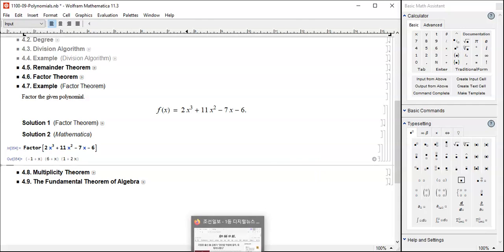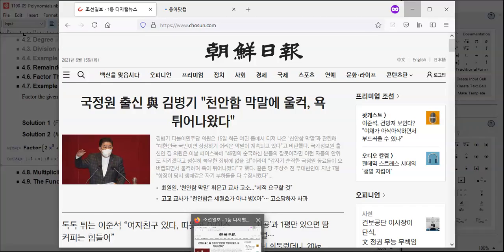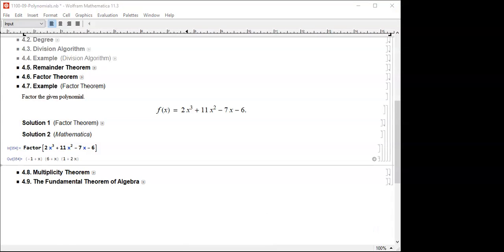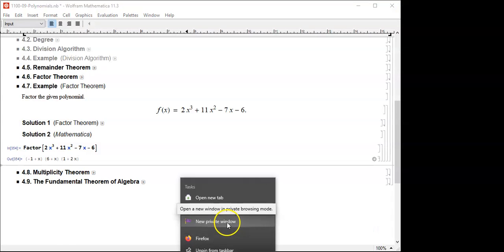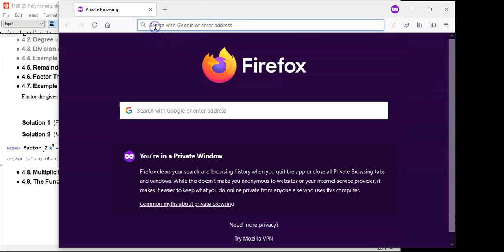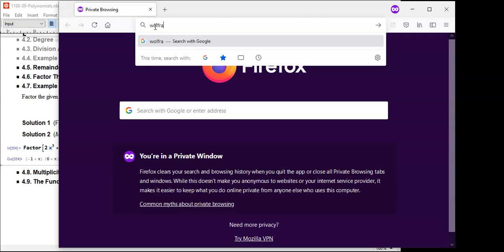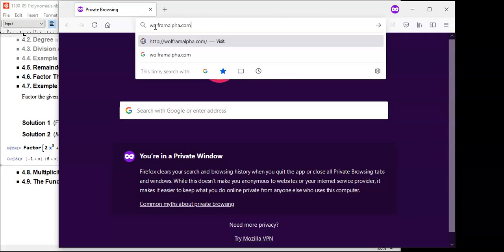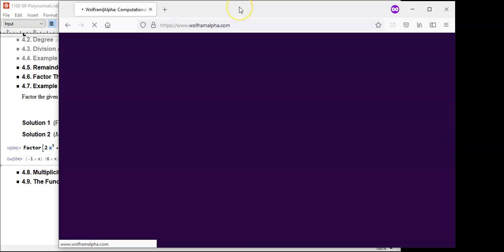Let me show you. Let's go to a web browser here, and then let's go to Wolfram Alpha, wolframalpha.com.